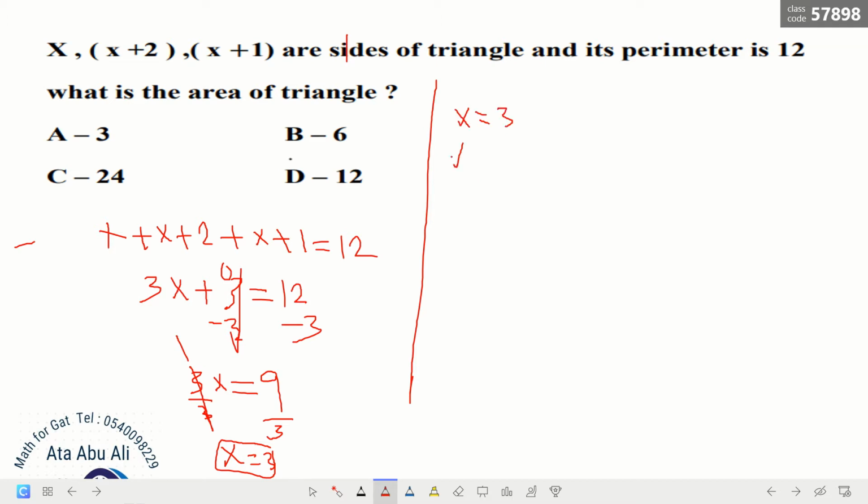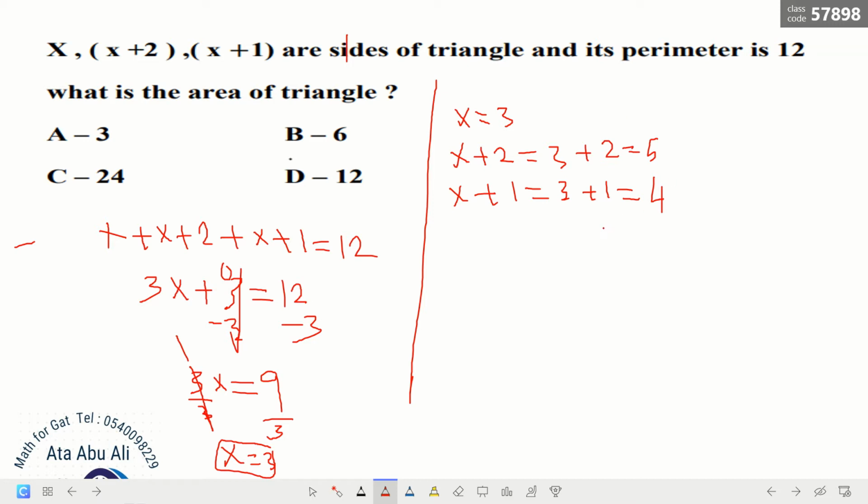Now x plus 2, I replace x with 3. That means it's equal to 3 plus 2, which is 5. Then x plus 1 is equal to 3 plus 1, equal to 4. Now, as you know, the lengths are 3, 5, and 4.